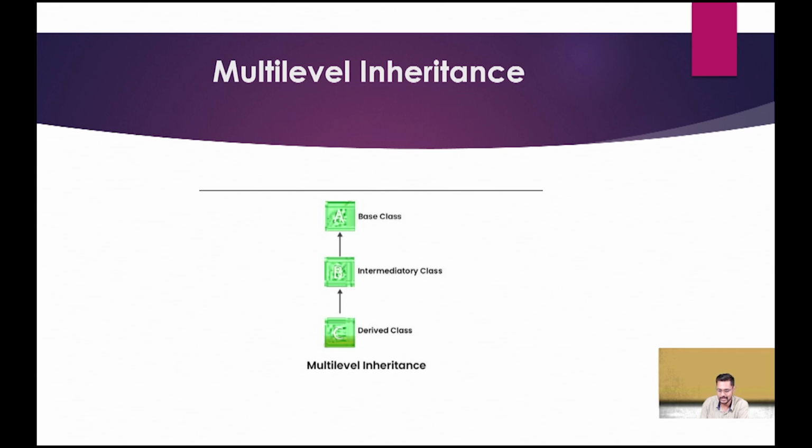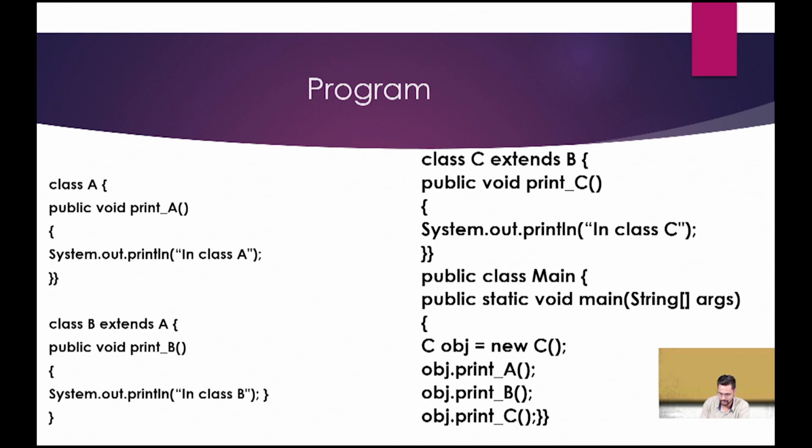Because C extends B and B extends A, so automatically we can say that C extends A. There is no need to create the object of class B and class A; we only create the object of class C. Obj is the object name, equal to new, the operator to allocate the memory of class C, and obj.print_A, obj.print_B, and obj.print_C. It means we only created the object of class C, and with the help of that object we can access the functions of all three classes, right?